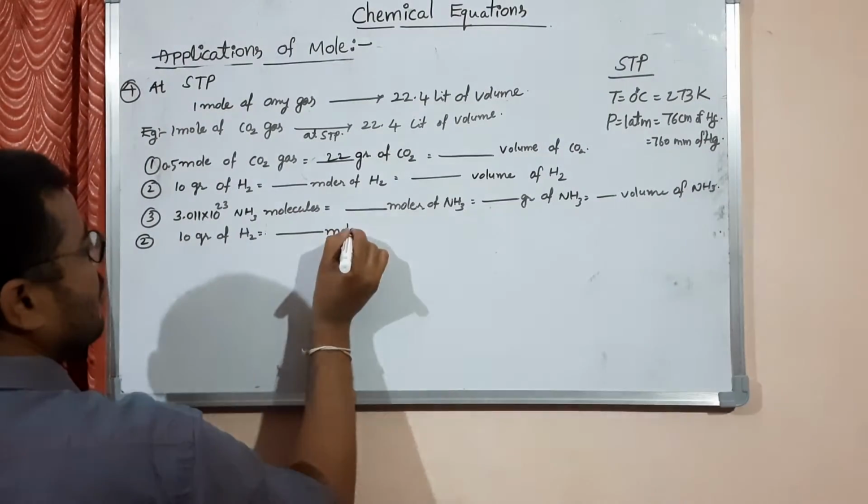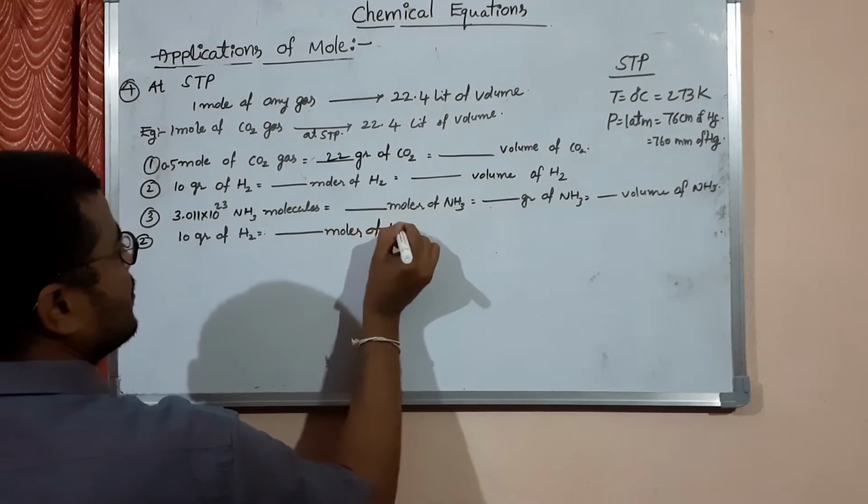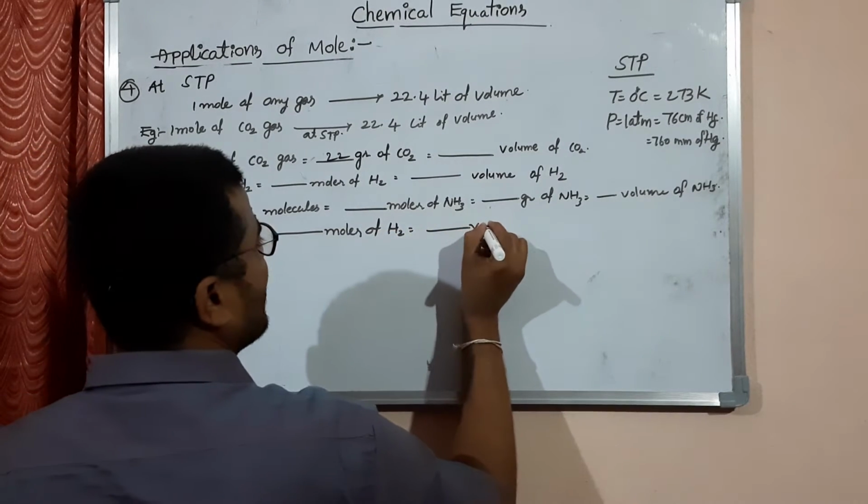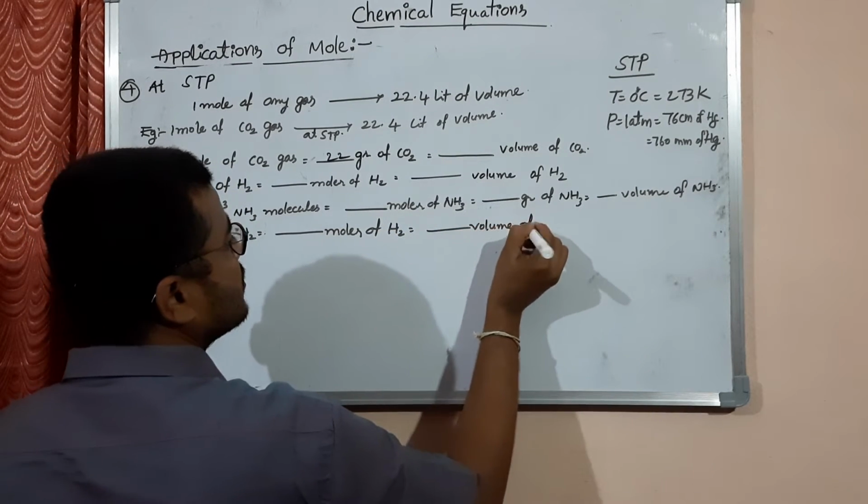Dash moles of hydrogen. How much volume of hydrogen?